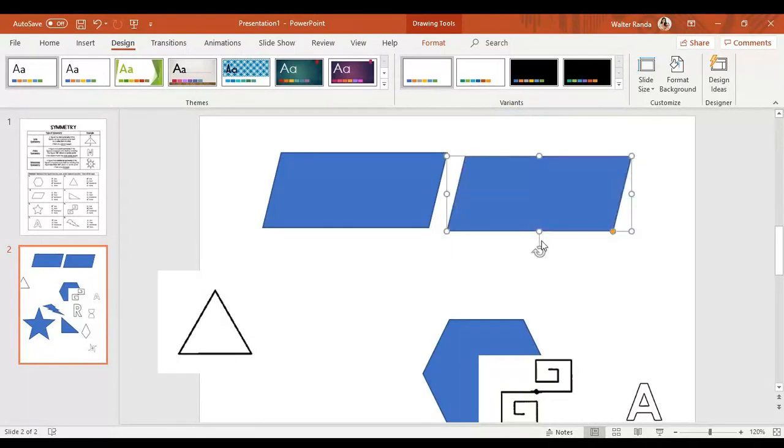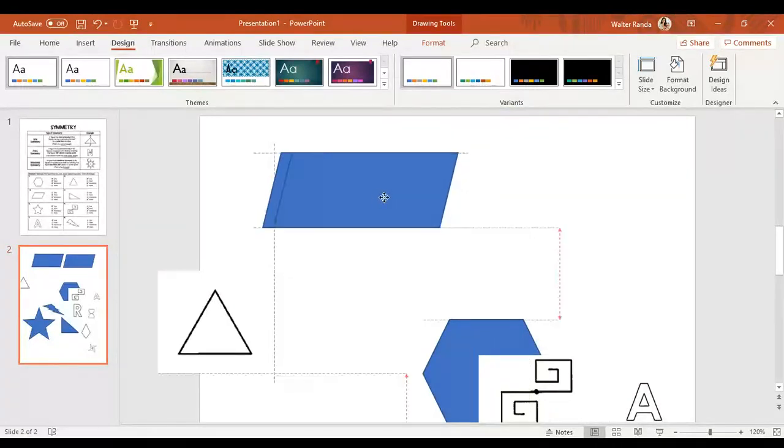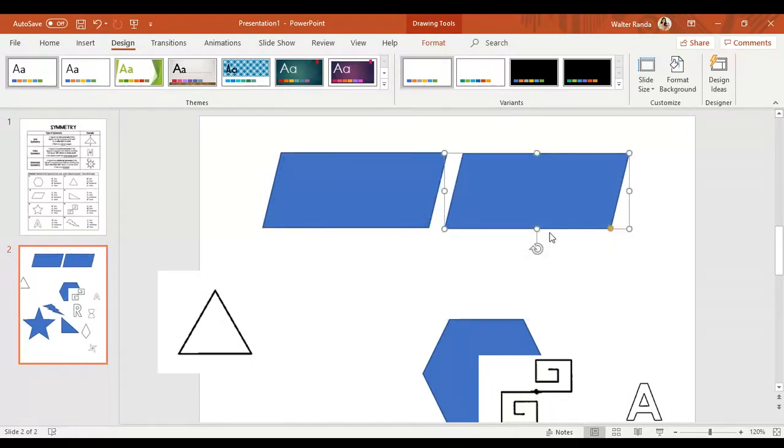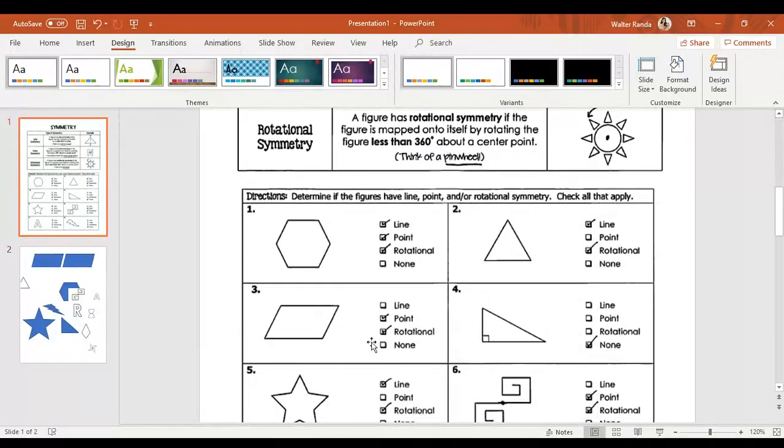And look at that. Upside down, you can see it right there too, and it's mapped onto itself. So it is the same. So it has point symmetry. Because it has point symmetry, it automatically also has rotational symmetry. So if it's point, it's automatically rotational, but not the opposite. Not the converse. If it's rotational, that doesn't necessarily mean it has point symmetry.